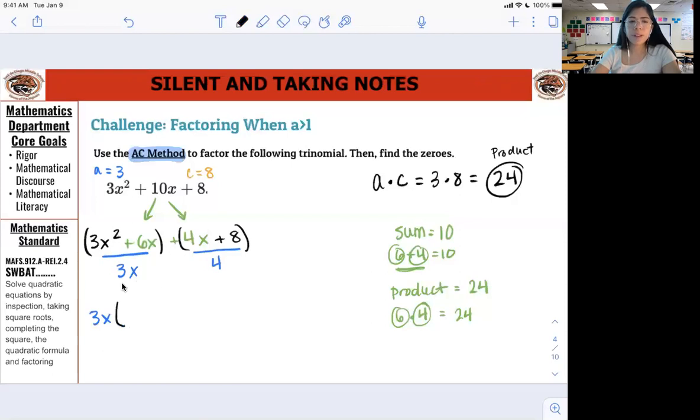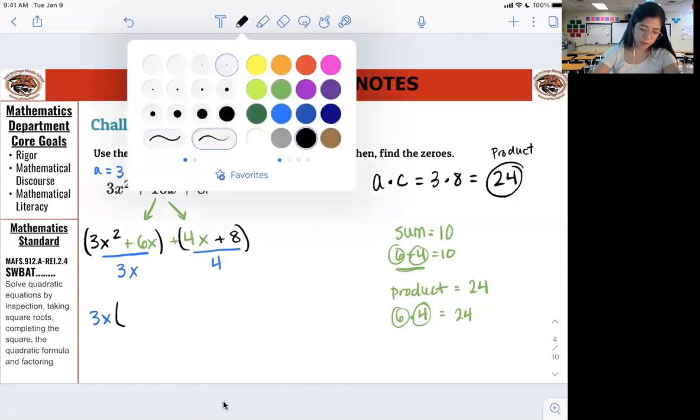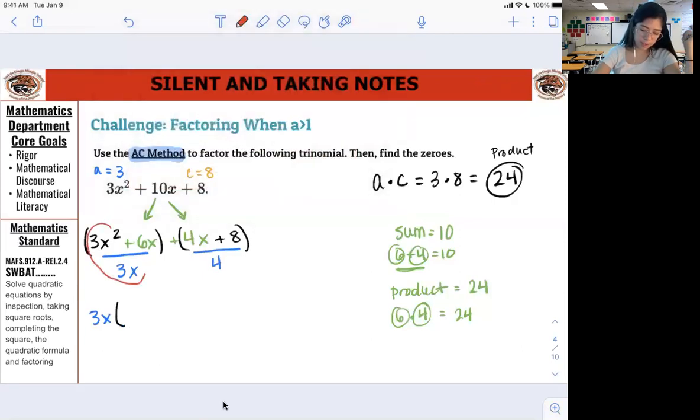Close, Lauren. Let me break this down for everybody because I feel like it'll be helpful if I write it separately. So I'm just going to write this over here on the side. I'm doing 3x squared divided by 3x. Well, that's the same thing as 3x times x over 3x, right? Because x to the power of 2 is really x times x.